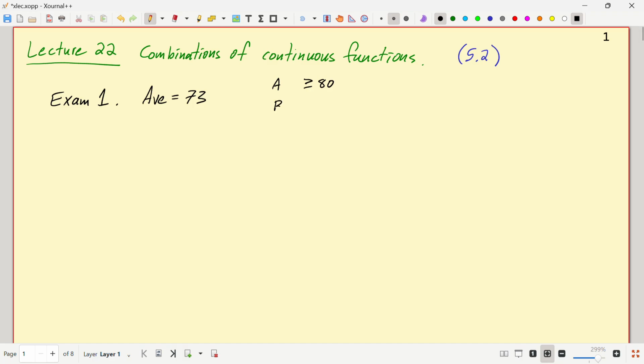B felt like greater or equal to 65. Something like that. Questions about anything?